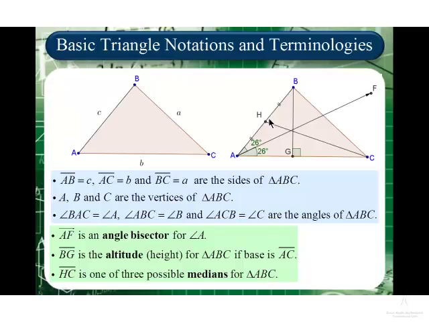So a median is a line segment which is constructed from one of the vertices, in this case C, to the opposite side of the triangle, where it halves the length of that particular side. So we have, of course, two other medians as well that we can construct with respect to the side lengths AC and BC respectively.